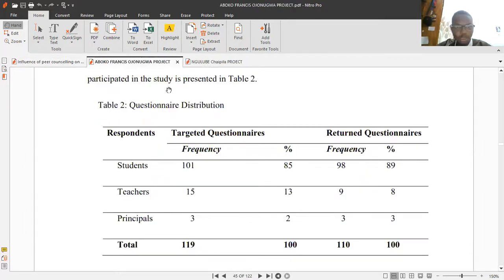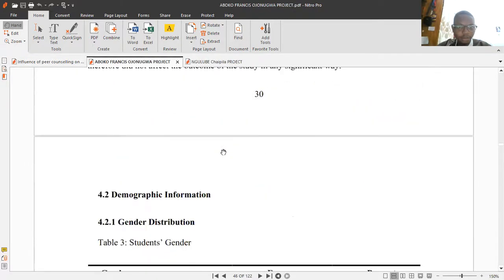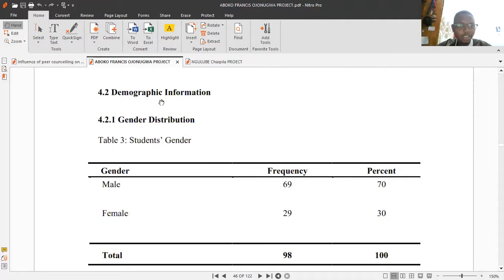Let's also go here to Francis. Let's see, you also started with gender demographic information, gender distribution. If you look at this, for Simon 2020, he made the 2 things together for teachers and for students.